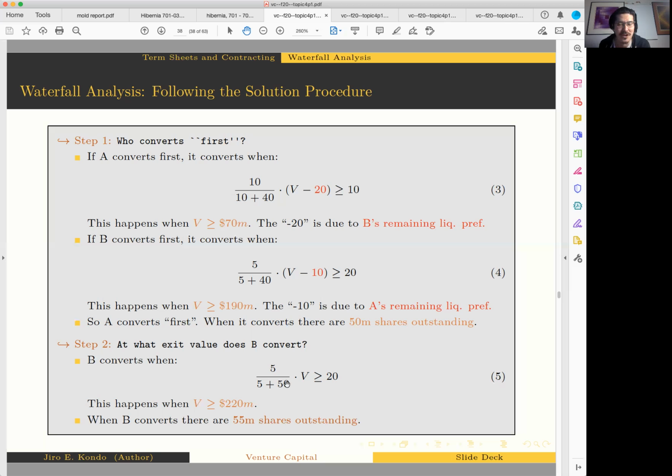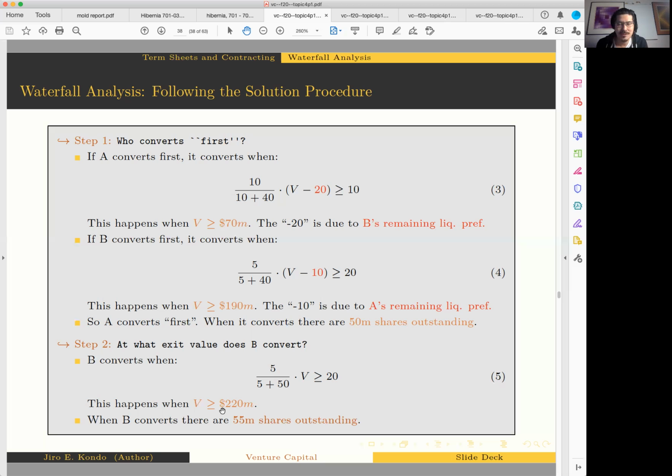Because now everyone is converted. So notice there's no V minus anything. It's just V. Everything is equity, common equity, correct? So what? 55 divided by 55 times V greater or equal to 20. That's the same thing as V greater or equal to 220. Right? You just multiply both sides by 11. Are we okay with this?